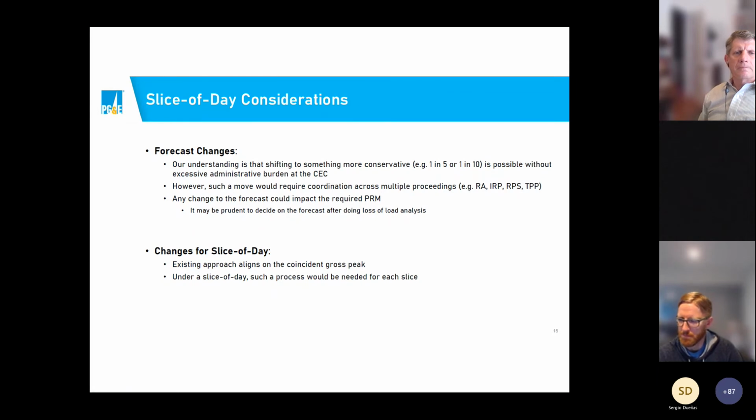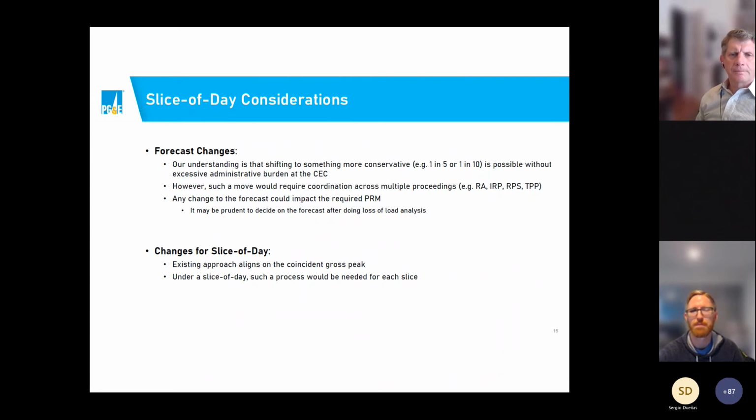We're observing that the process gets driven by what LSEs put into their individual IRPs, and that in turn has to incorporate whatever comes out of RA. What we haven't seen from our perspective in this reform process so far is explicit allocation of benefits that could accrue at the collective portfolio level, but not at the individual LSE planning level.